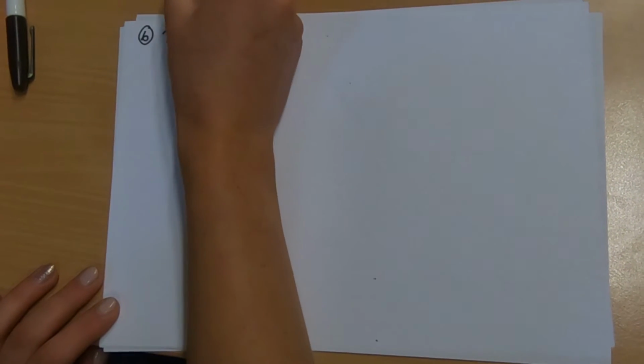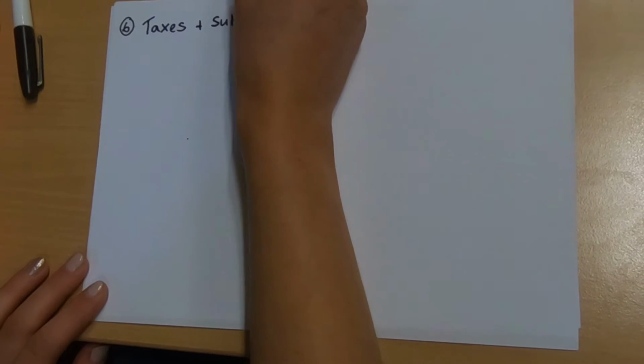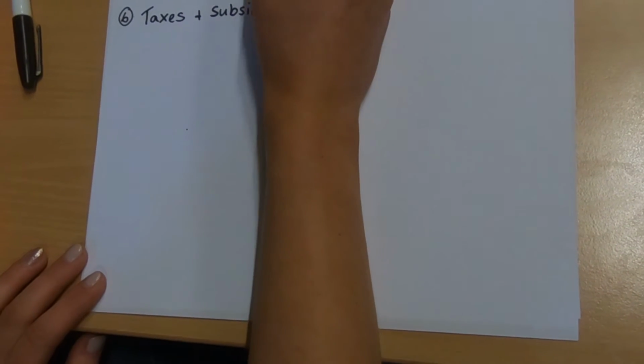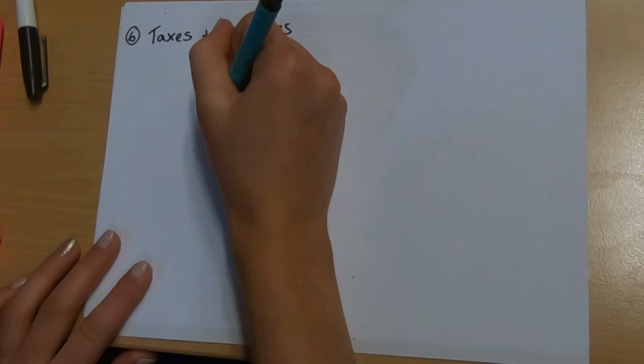Now, the sixth factor in what causes a shift in the supply curve is taxes. And again, taxes and subsidies can either cause an increase or a decrease in supply.